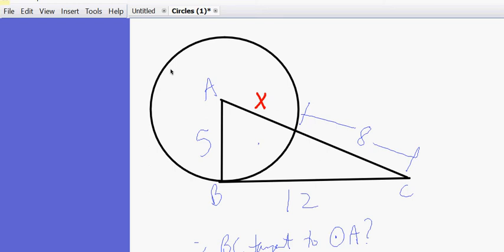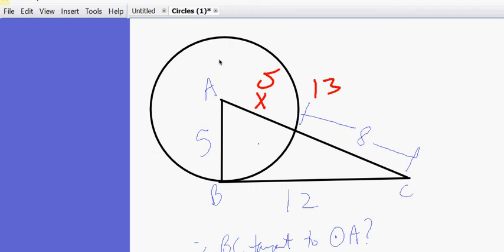How do I know what that part is? Because the other radius is 5. So if this radius is 5, that radius also has to be 5. So before you can do the Pythagorean theorem, you've got to know what that little segment is. It's 5 because this segment's 5. So what is 5 plus 8? So now you can do the theorem.